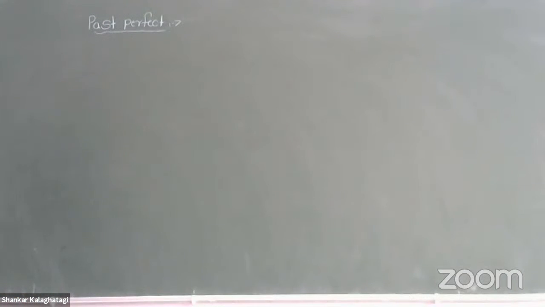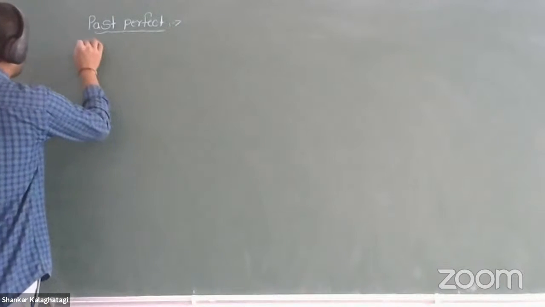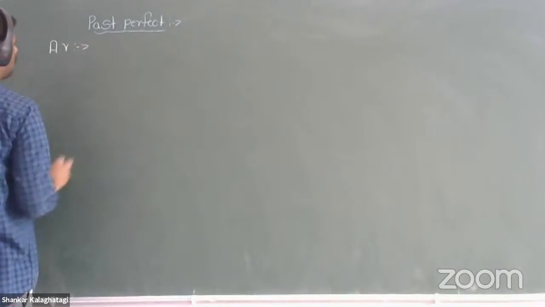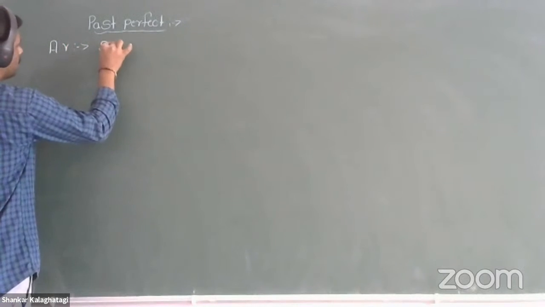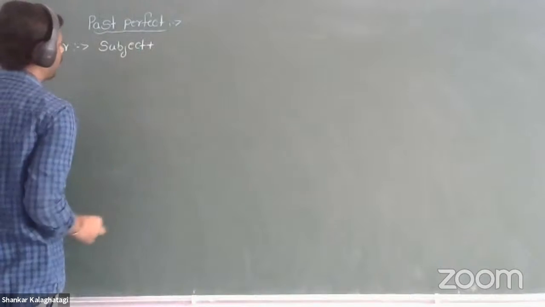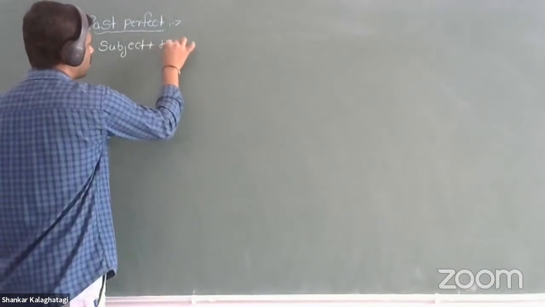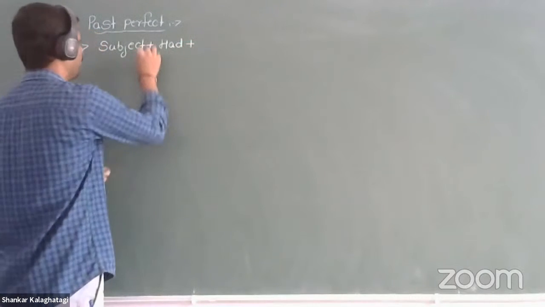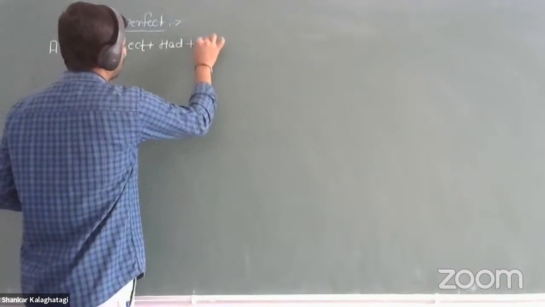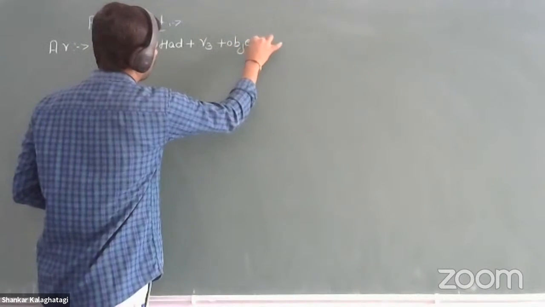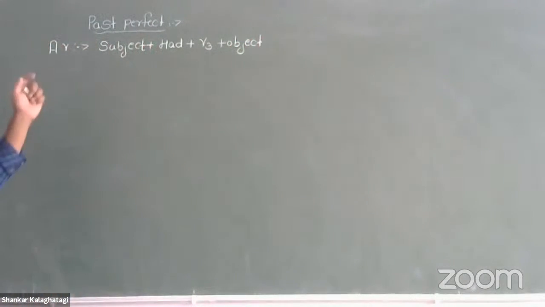Structure of past perfect, that is subject. Simple thing. After that, we have to write helping verb. So helping verb used here, had. So subject plus had plus V3 and last object. Simple structure is there. Subject plus had plus V3 plus object.